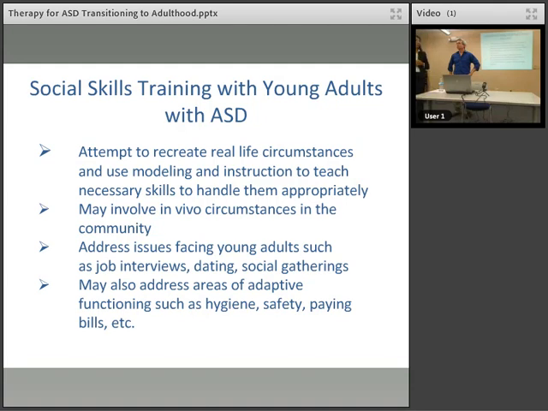A lot of it is also being able to empathize with others or get feedback from others about different situations, about what has been successful for them.